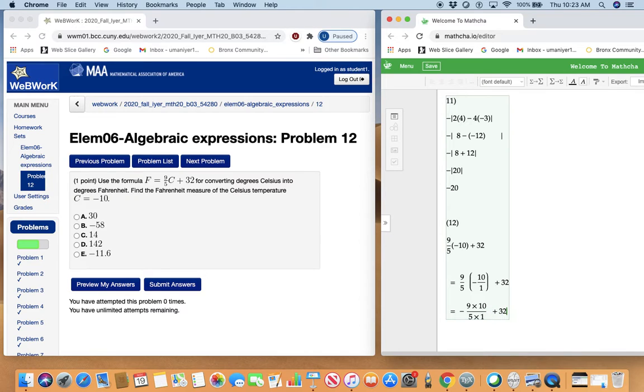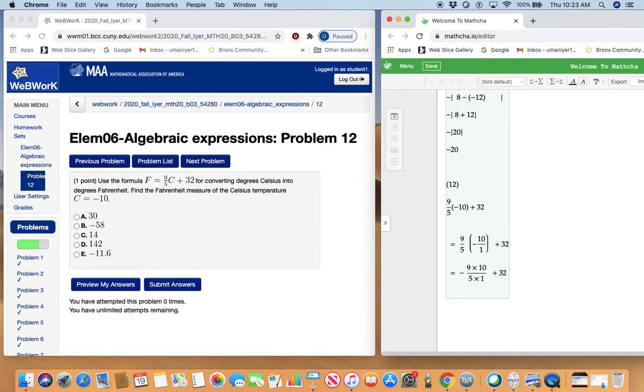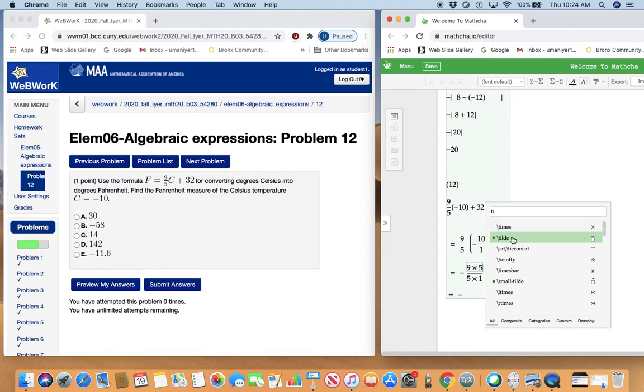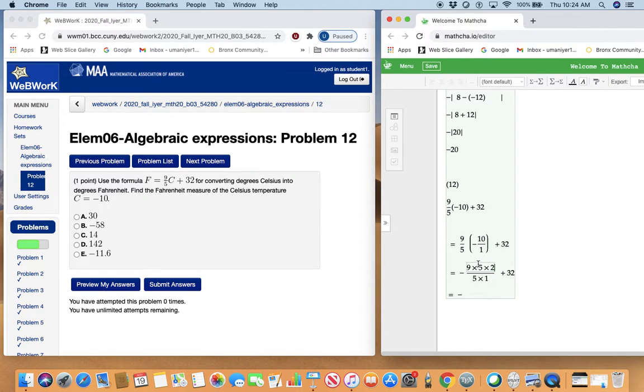You see, so that is the same as negative. Notice 5 will reduce with 10, because 10 itself is 5 times 2. So 5 is a common factor, and we can simply cancel the 5s.